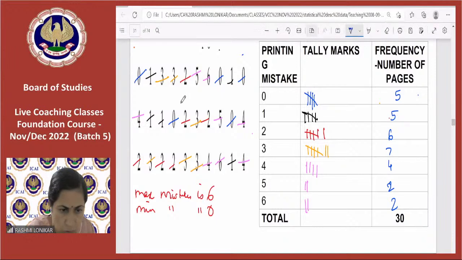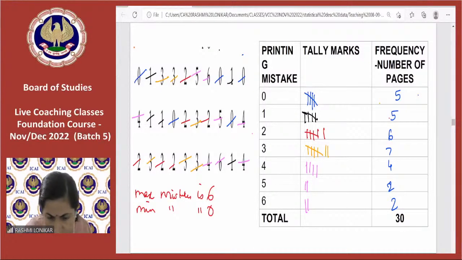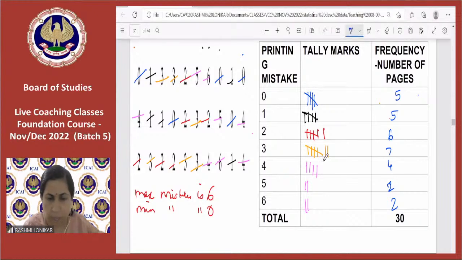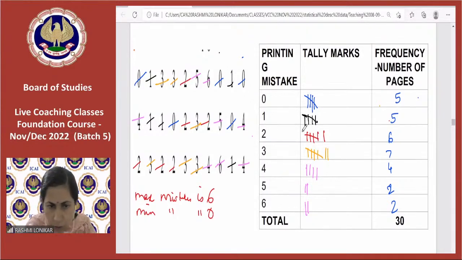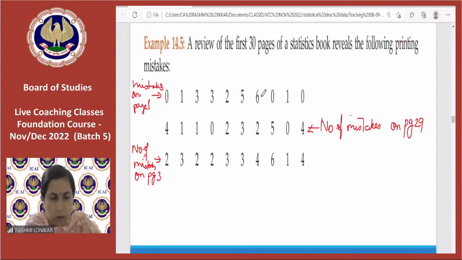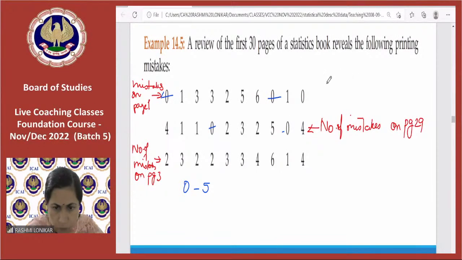Zero is 1, 2, 3, 4, and 5. So 0 is 5. Then 1: 1, 2, 3, 4, 5.